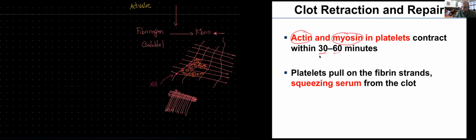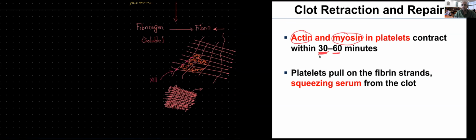And this will allow you to stabilize your blood clot, make it more tough, and squeeze out the serum from the blood clot. And this explains why your blood clot will be shrinking within 30 to 60 minutes from its formation, because simply the platelets in between the fibrin threads will contract, squeezing out the serum and pulling those fibrin threads closer to one another, forming this strong blood clot that seals my injured vessel.